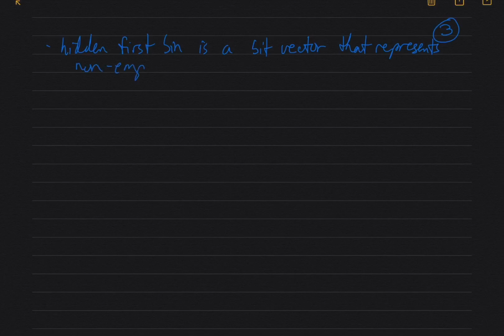Okay, page 3 of the memory allocation notes. In one of the annotations on the previous page, I mentioned that there's this hidden bin. The hidden first bin is a bit vector that represents non-empty bins.